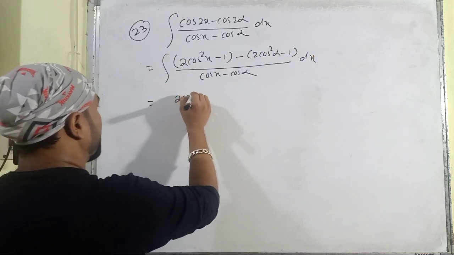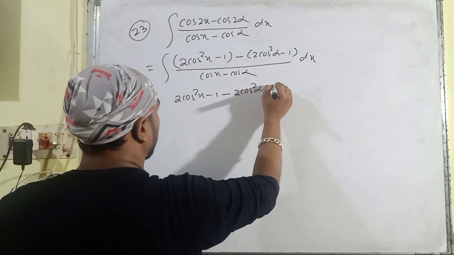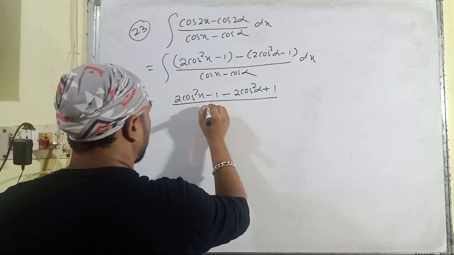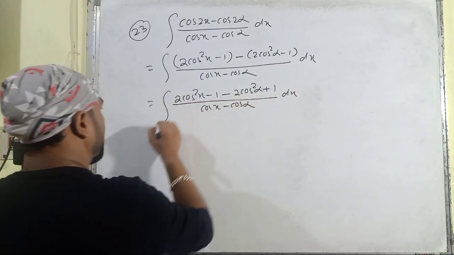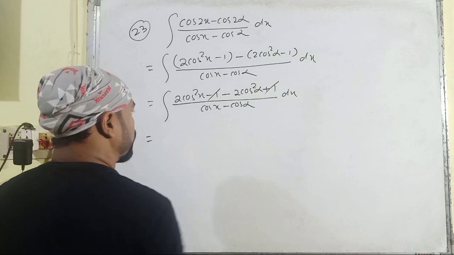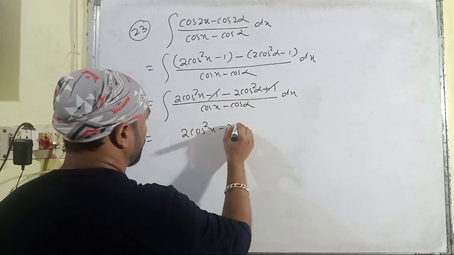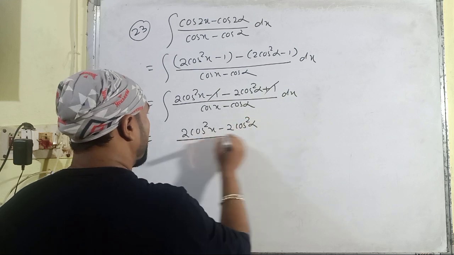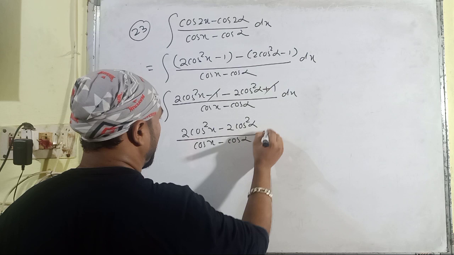Then simplifying, it is 2 cos square x minus 1 minus 2 cos square alpha plus 1, all divided by cos x minus cos alpha. Cancelling the minus 1 and plus 1, we have 2 cos square x minus 2 cos square alpha, whole divided by cos x minus cos alpha.